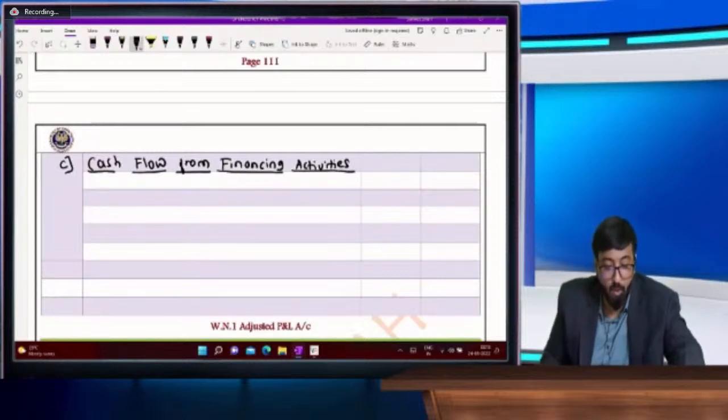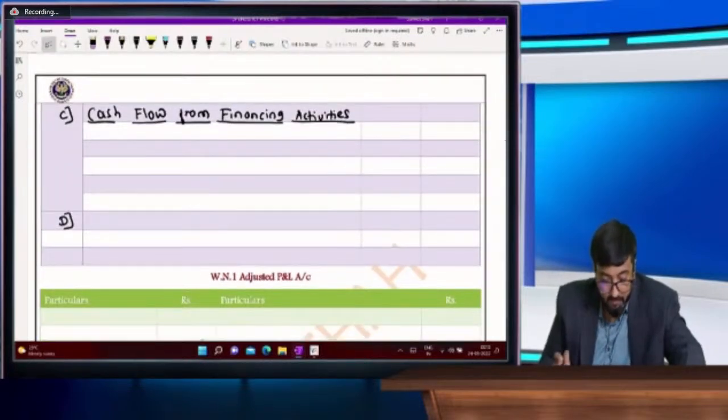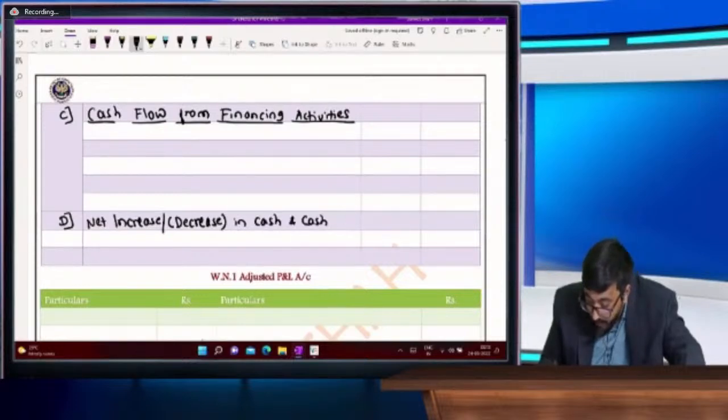Cash flow from financing activities. Skip 6 lines. After 6 lines, D. Net increase or decrease in cash and cash equivalent.